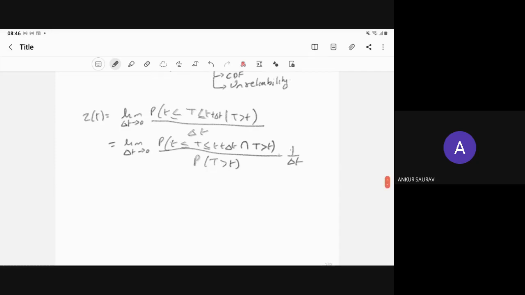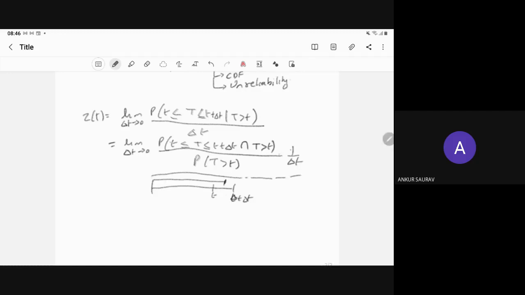Clear? So if we have this is t, and this is t plus delta t, then T lies between t and t plus delta t, and T is greater than t.